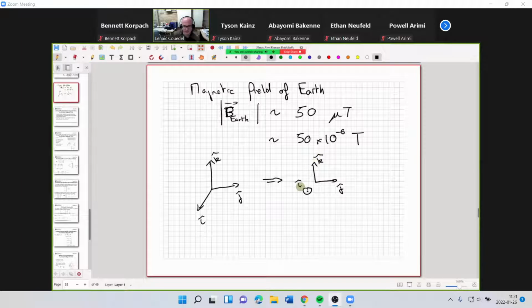This is what we call an orthonormal basis. I can rotate the vectors however I want in space as long as I keep their relative orientation. So this, if I rotate it, can become that.